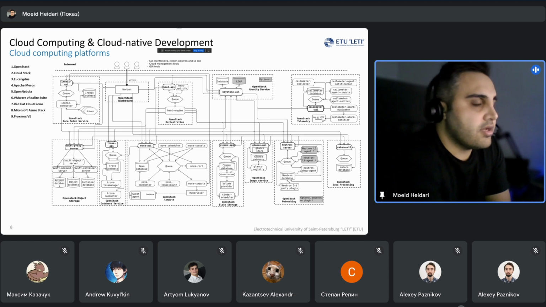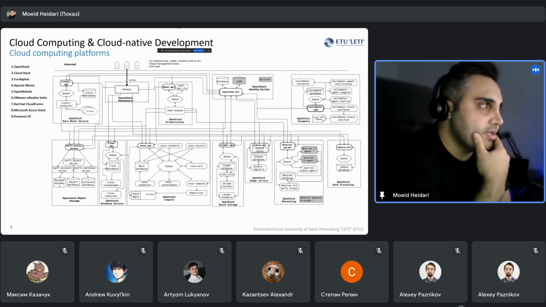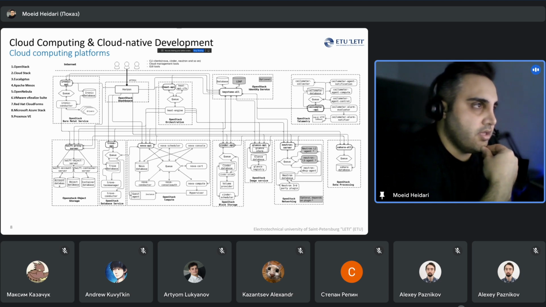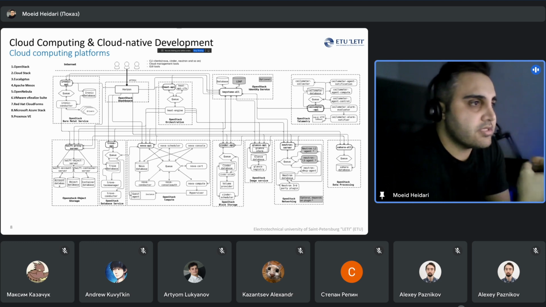So there are lots of things, like the disk provisioner, which is one of the most important things in cloud computing, because when you deploy something and when you create a virtual machine or something like that, you need to have a disk, you need to have a storage system.